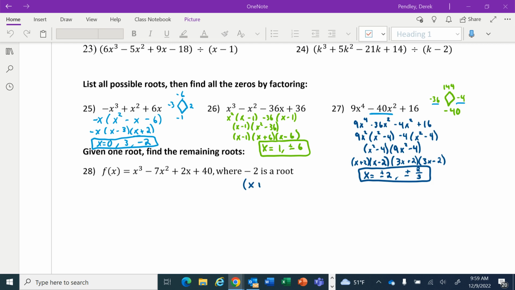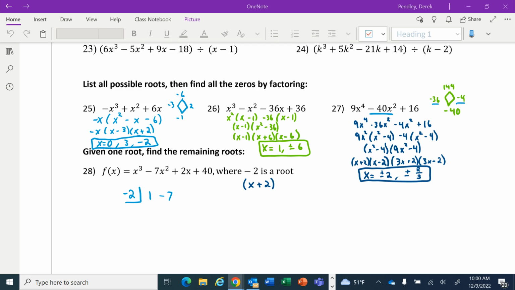So if negative 2 is the root, x plus 2 is a factor, which means that we can divide this. So if we use synthetic division here, negative 2 on the outside, because that's our 0, and then our coefficients, 1, negative 7, 2, and 40. Don't have any missing terms, so I don't need to add any zeros in there.